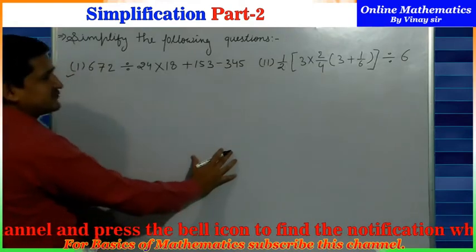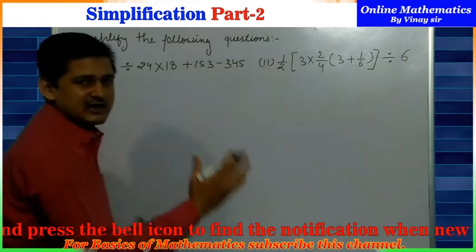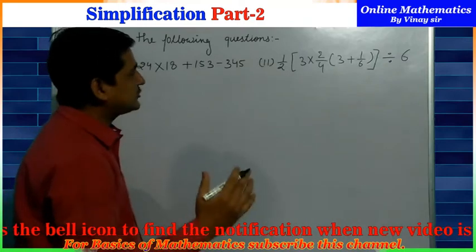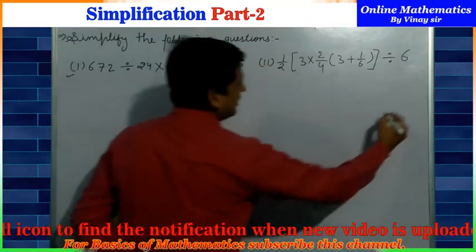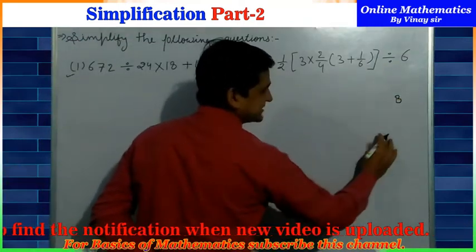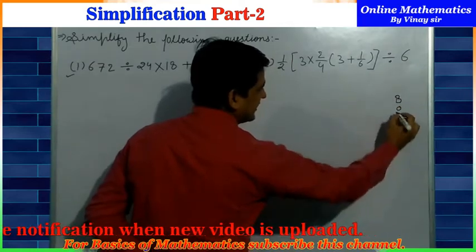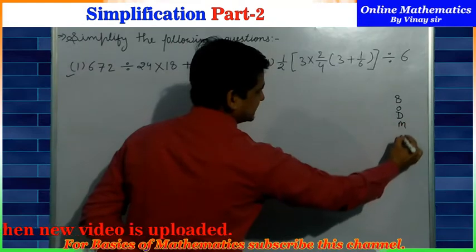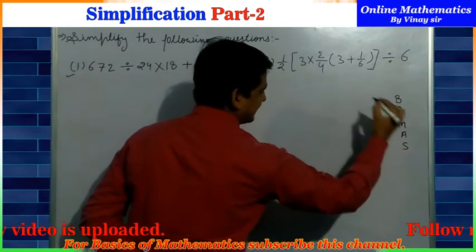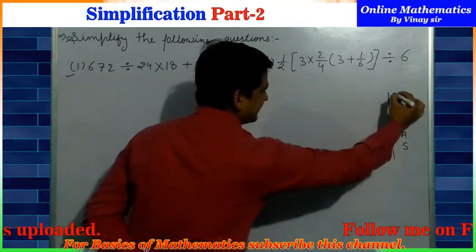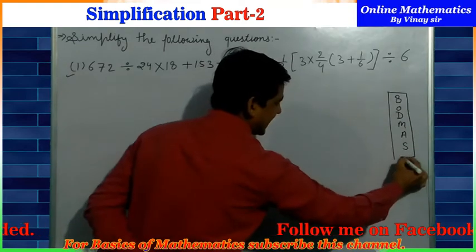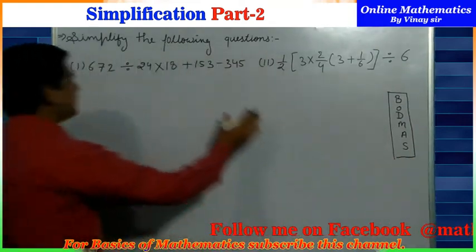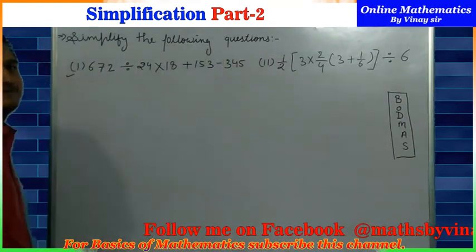In the previous class we already saw how we can apply the rule of BODMAS. According to the rule of BODMAS, first of all we have to solve the brackets, then we apply division, multiplication, addition and subtraction. This is the common sequence that we apply while simplifying a question.